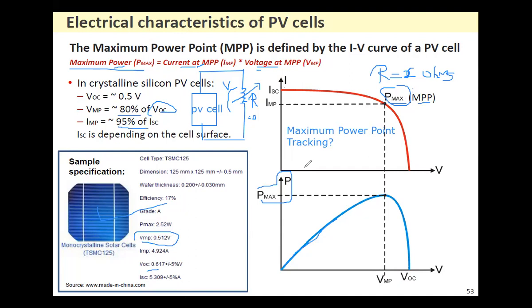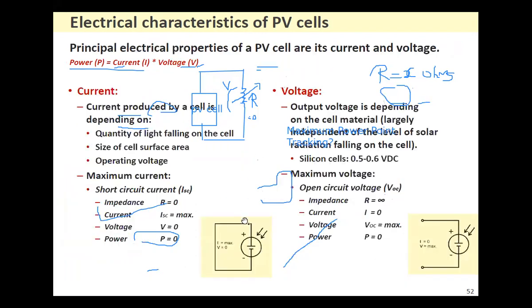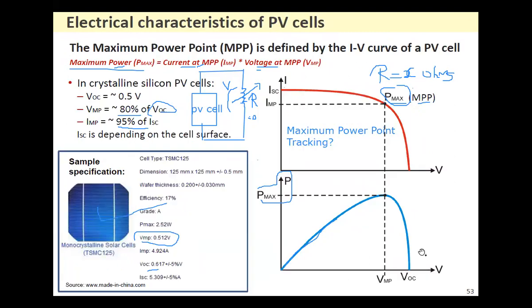So I think you have understood this IV curve, how this IV curve is obtained. I showed you that here you have a solar cell. Either you are shorting it out, or it is in the open circuit condition, so you get ISC, the short circuit current, by doing this, and the open circuit voltage by doing this.